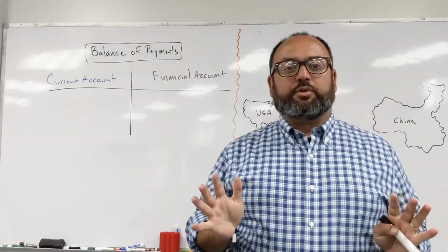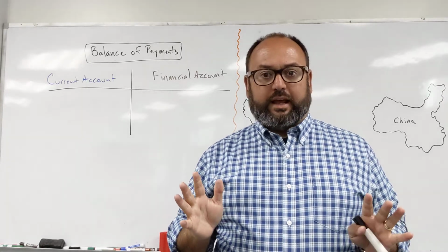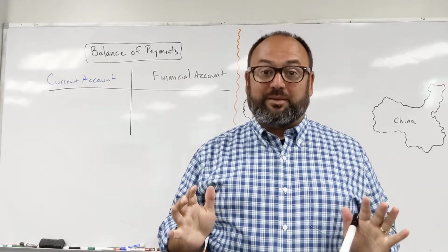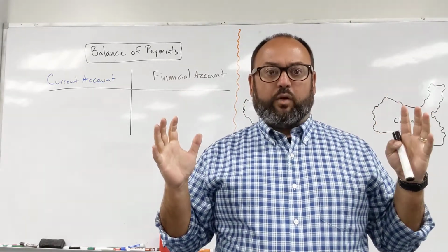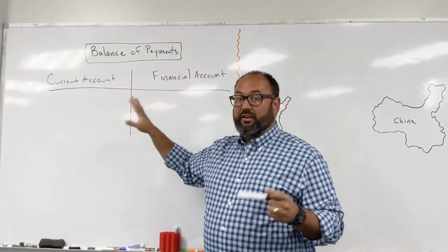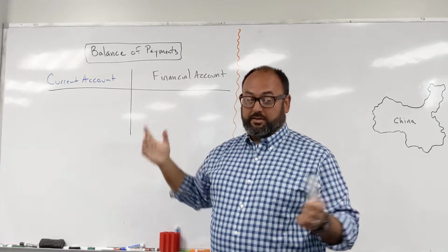And while our textbook gives you an infinitely more robust and nuanced understanding of what makes up the current account, I want to simplify it so that it's more manageable and we can understand it in a way that feels very natural. I want you to simplify current account essentially to NX, which, as we know, is made up of exports minus imports.